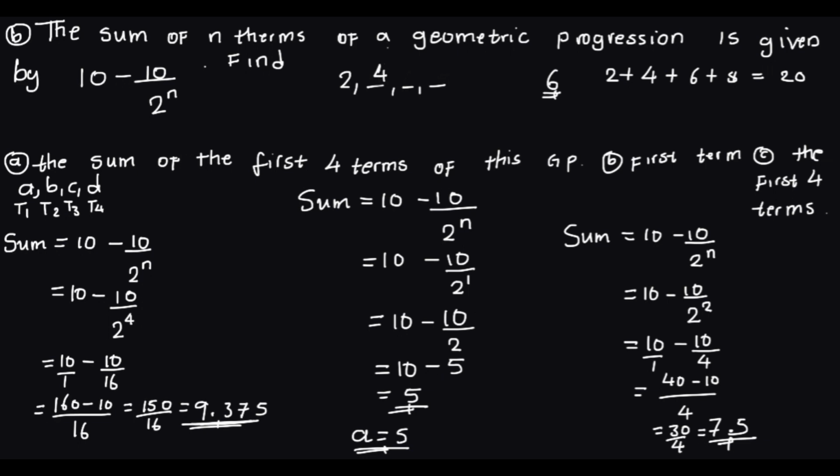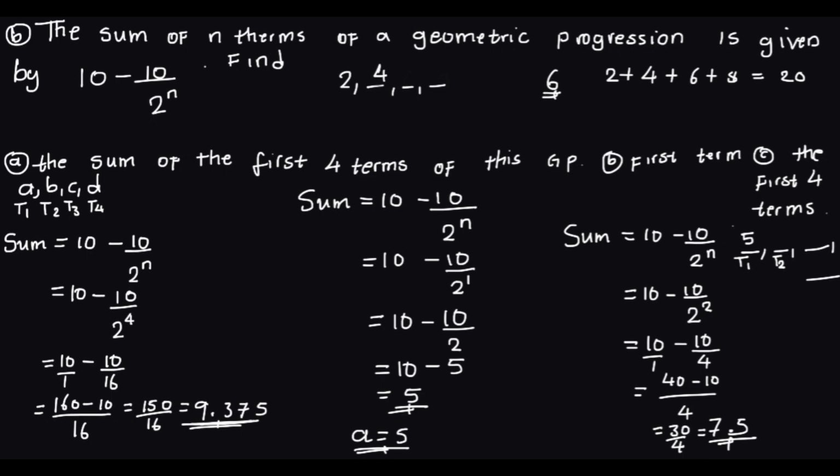So the point is, since we have the first term, which is 5, and the sum of those first two terms, the first term is 5, and the sum of this first term and the second term is 7.5. So 7.5 minus 5 will give us the second term.